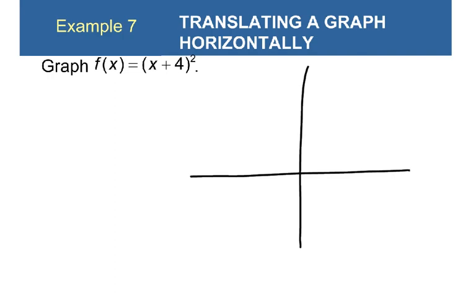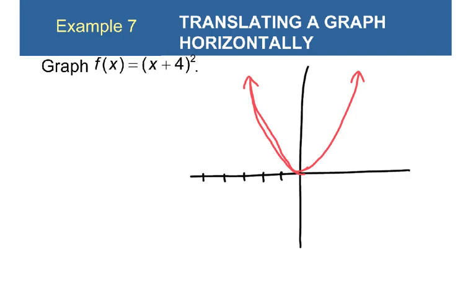So let's look at our basic function again. Here it is, x squared. And doesn't that look lovely? Anyway, what is going to happen to this graph right here is it's going to translate over to the left 4 units.